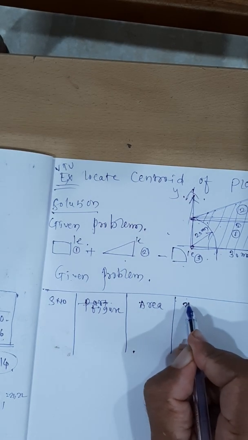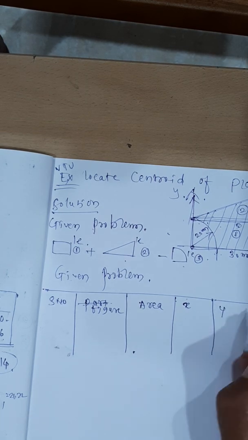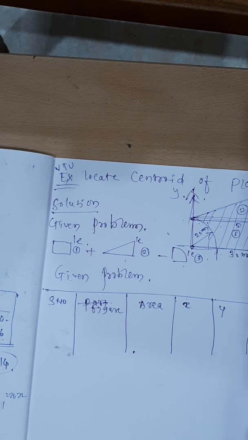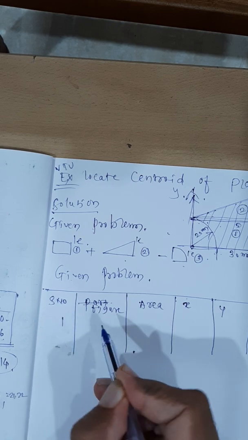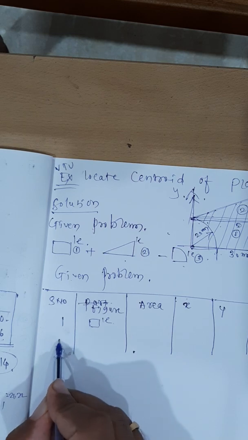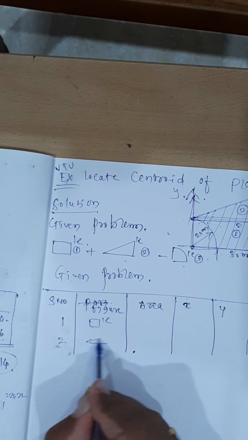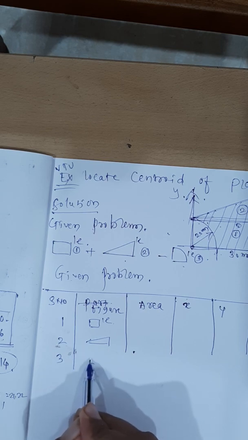Then comes the x value of the figure, then the y value of the figure, and finally ax and ay. Totally 3 figures are there. Serial number 1, the figure is the rectangle. Serial number 2, the triangle. And serial number 3, the semicircle.